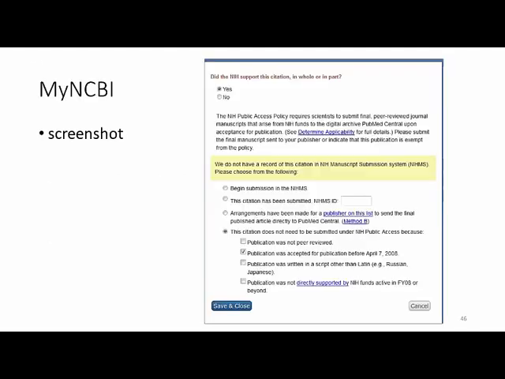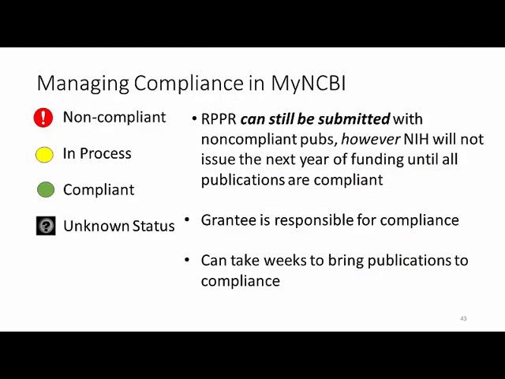All right. So this is one of the screenshots that you'll be looking at when you are trying to figure out how to start that process. Oftentimes, if you just put everything that you can find into MyNCBI, My Bibliography, you'll see one of these items, and when you first put it in, the status is unknown because it's just a list.